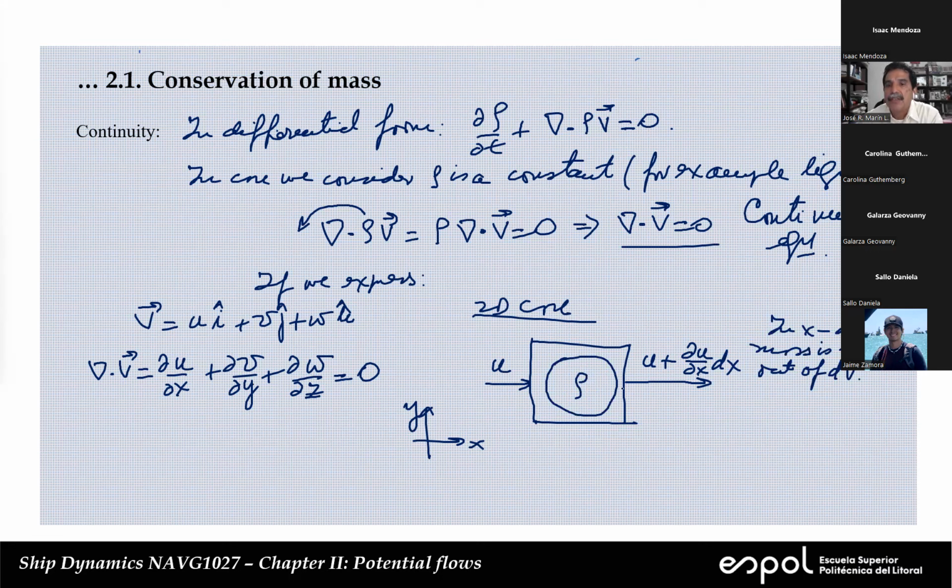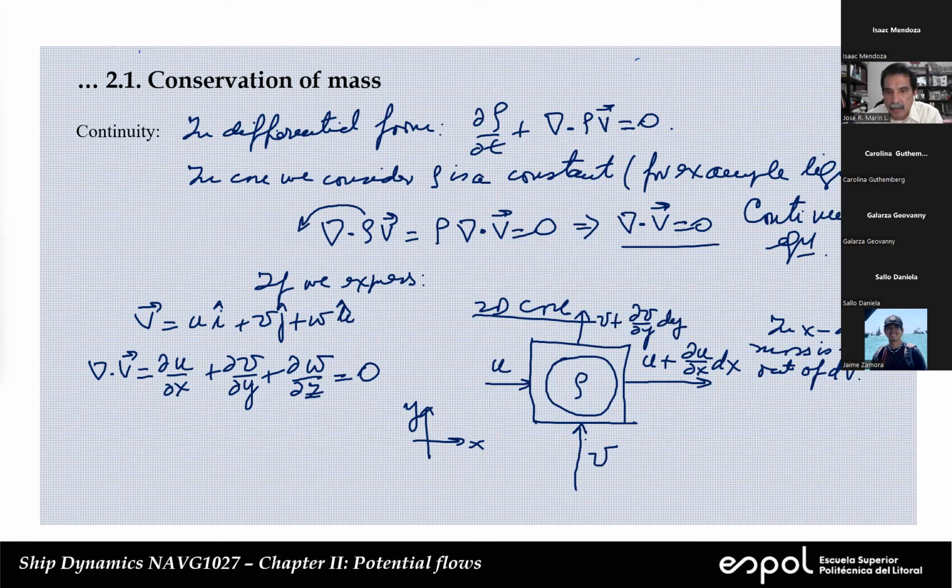What do we need in order to keep this equality? Well, what we need is that in the y direction, we have a v here and a smaller v on the other side. So it's v plus dv dy.